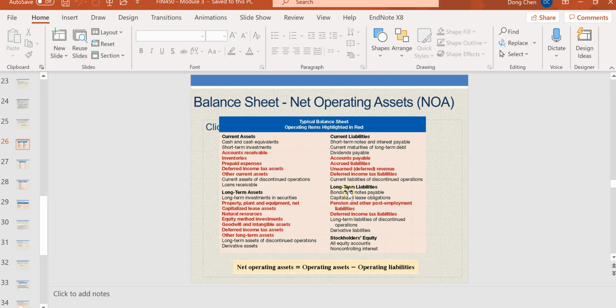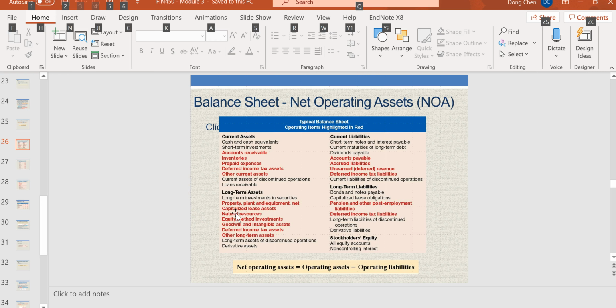So most of the non-operating liabilities basically are borrowings, like the current portion of the long-term debt, or simply the long-term debt. So it's basically coming from the financing from the borrowing, and that generates the non-operating assets.